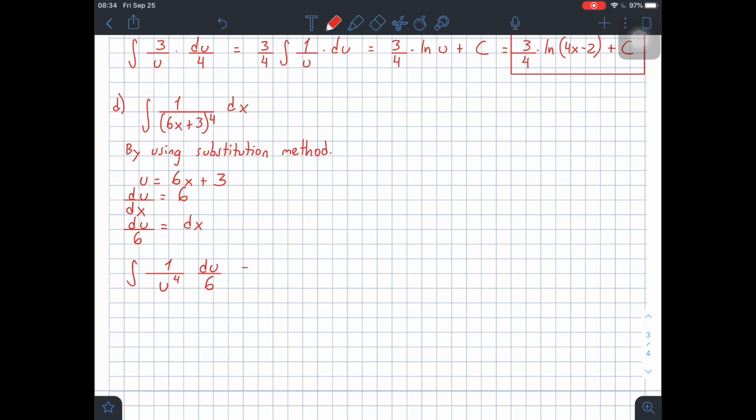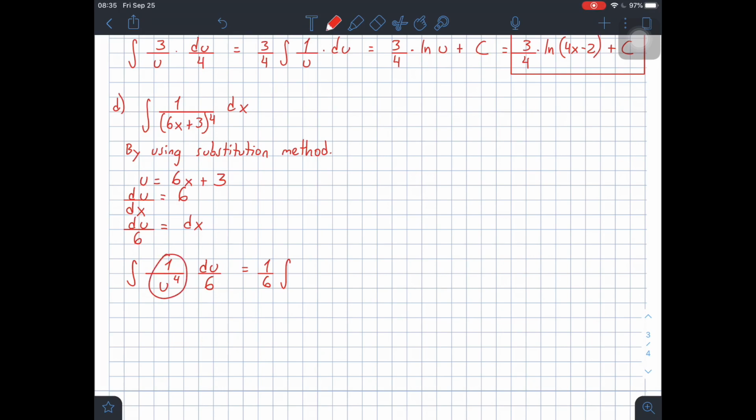So if I take out the numbers from out of the integral, we're going to have that this is 1 over 6 times the integral of 1 over u to the 4th. Actually, I see that I can rewrite. In this case, we're going to be working with the first rule of integral we saw, right?